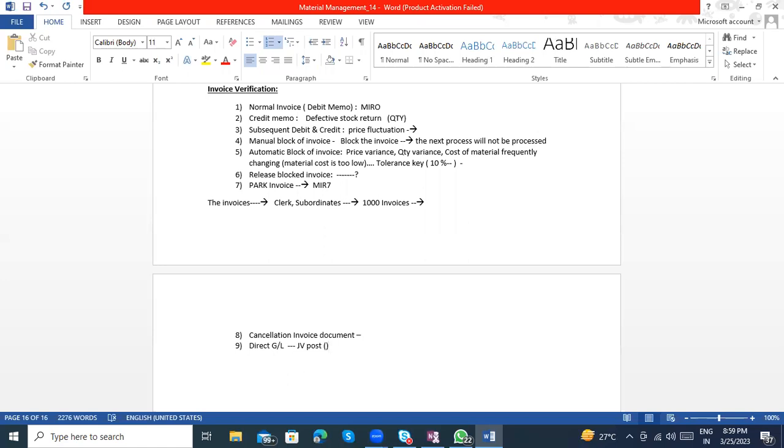So in future, if you get this kind of problem, if they say that in the GRIR clearing account I can see it is open, but at the GL account level it is already cleared, why is it open on the MM side and cleared on the finance side, then you can say that if there is any JV, then it's already cleared.